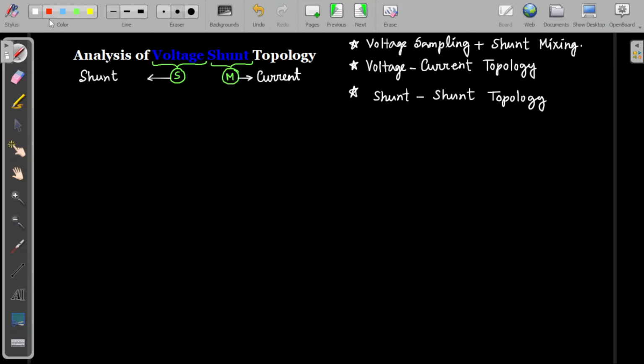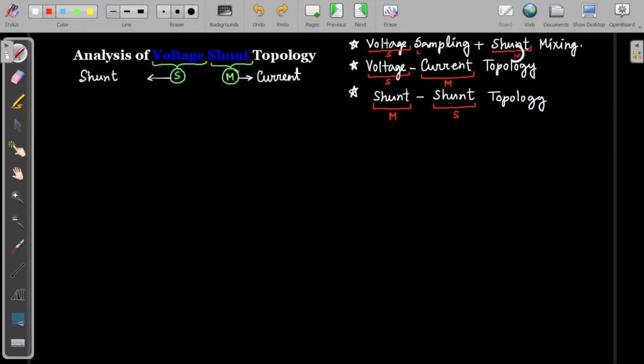But in this case, this voltage denotes the sampler part, and this shunt denotes the mixer part.